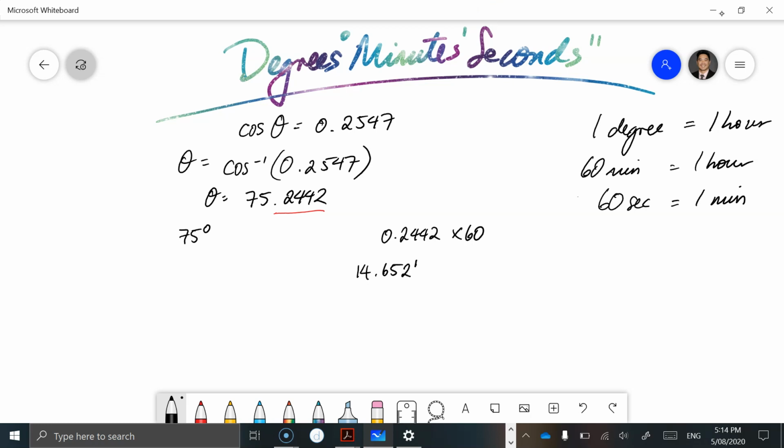So I'm going to put 14 minutes here, and we have this decimal, which we'll apply to work out how many seconds there are.